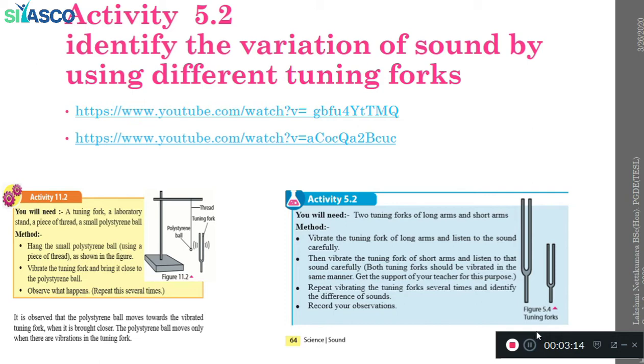What is it? In this activity, you will be able to understand that the sound generated by a tuning fork differs according to the length of the arm. Short arms will generate higher frequencies and long-arm tuning forks create lower frequencies.